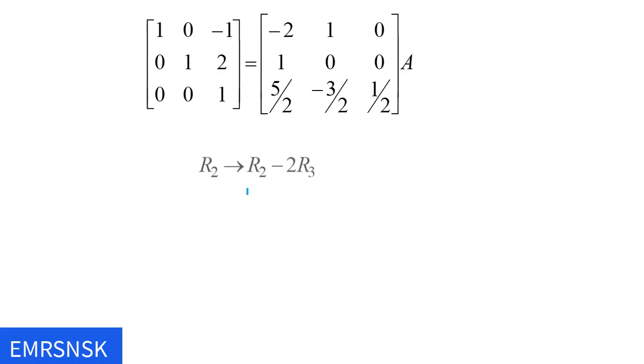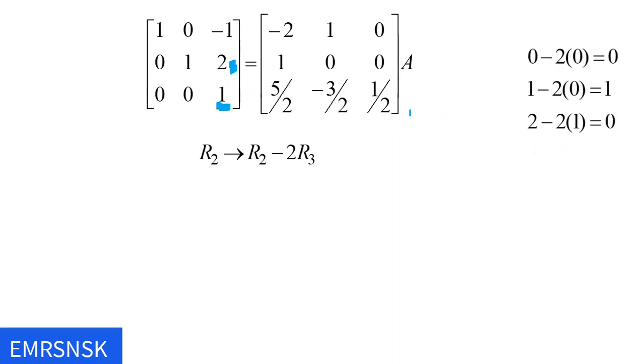So what we will do, R2 goes to R2 minus 2 times R3, because we are converting this element to 0 and 2 is here.